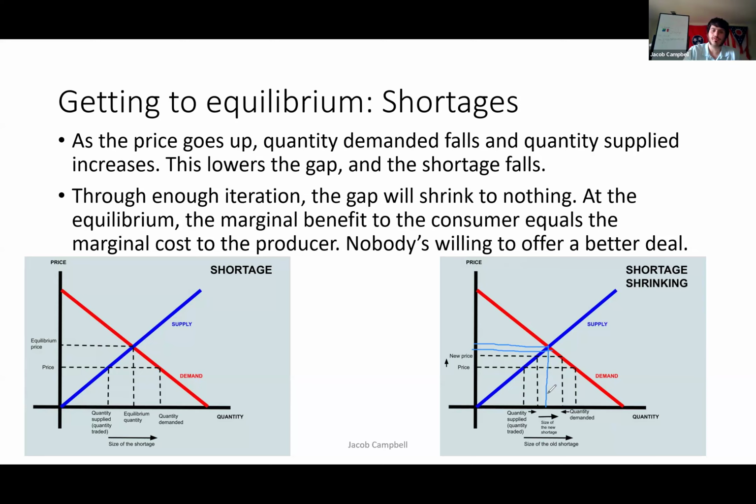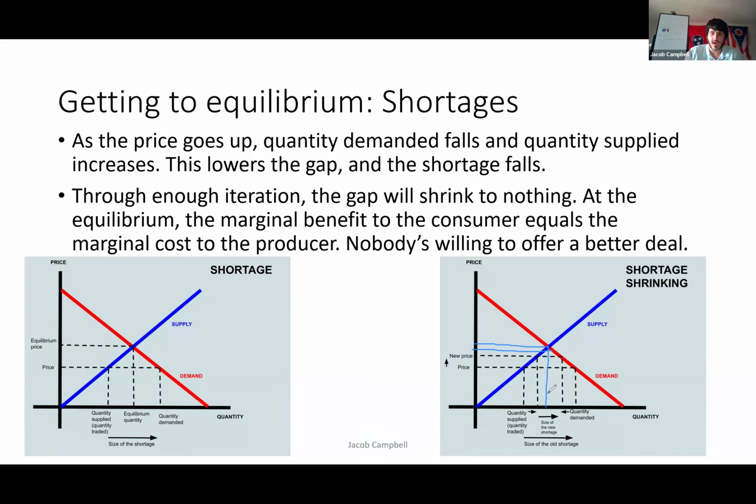Now, what happens when you get to equilibrium? Well, at equilibrium, the marginal benefit to the consumer equals the marginal cost. And so nobody is willing to offer anybody a better deal. Consider what would have to happen. Well, if the consumer were to offer a higher price, that price would be higher than their own marginal benefit of consuming the good. They would be left worse off than before.